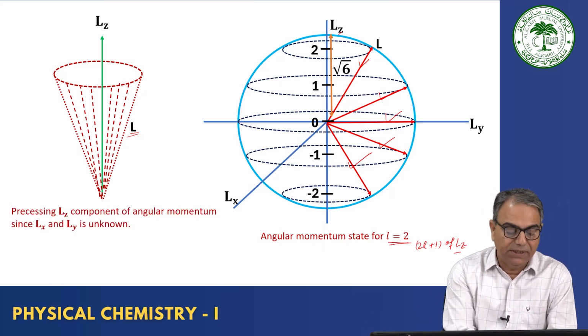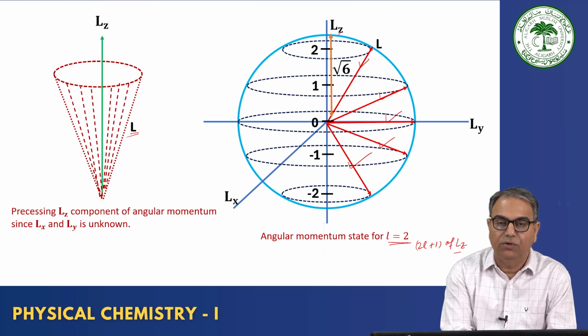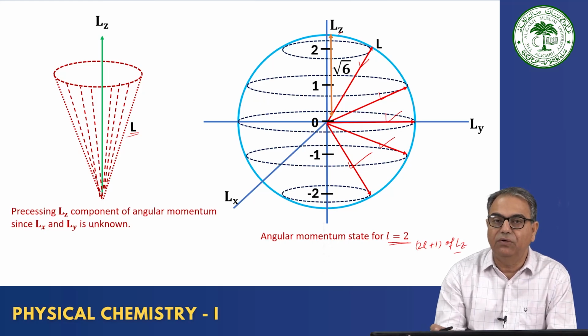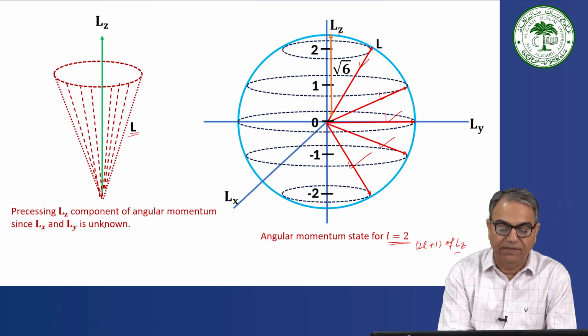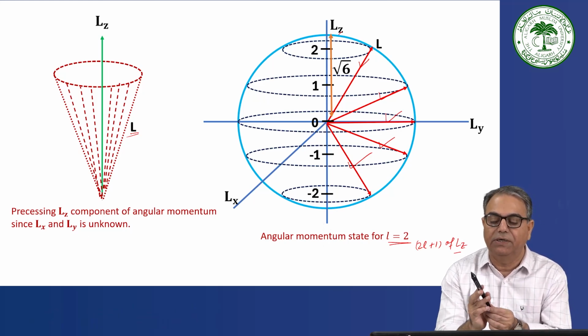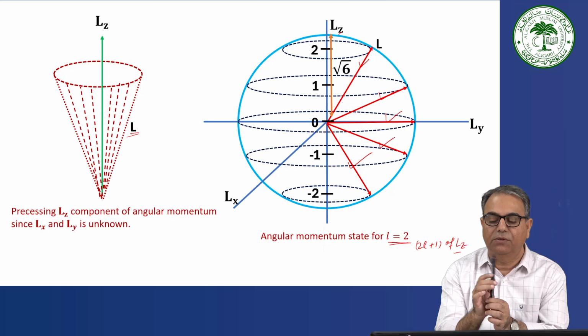So the Lz component of angular momentum precesses, since Lx and Ly are unknown. We don't have the Lx and Ly values, so it will precess and show a motion like this one, and this is called precessional motion.